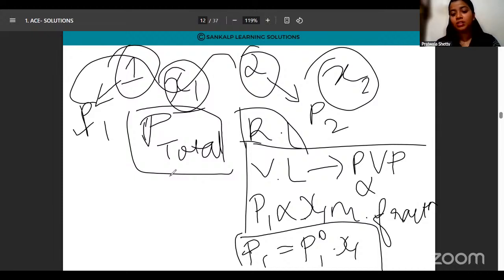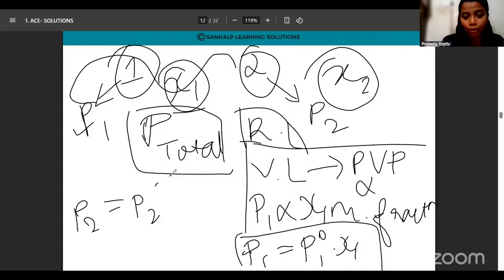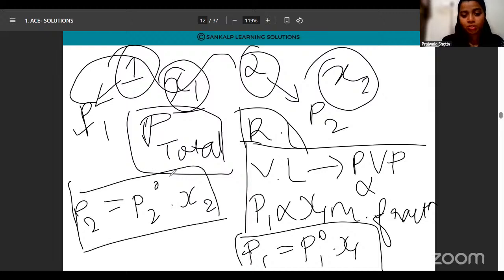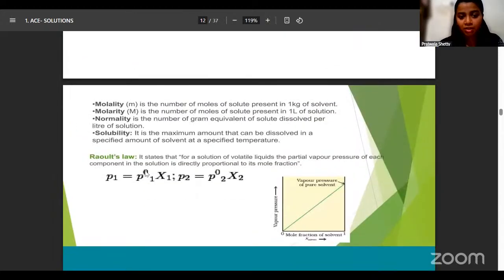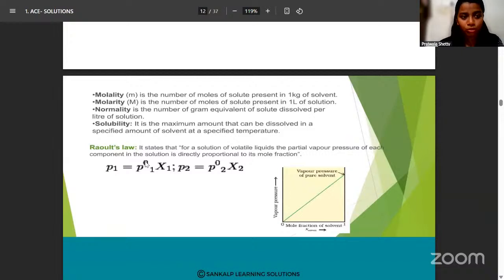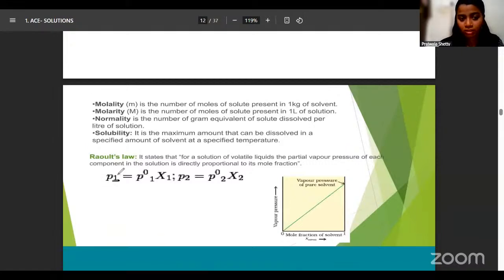Similarly, this is just for one component. The next component would be P2, which is P2 naught into X2, its mole fraction. These two equations should be considered so that you can understand the further explanations. P1 was the vapor pressure of the first liquid, P1 naught was the pure component's vapor pressure, and the next was its mole fraction.